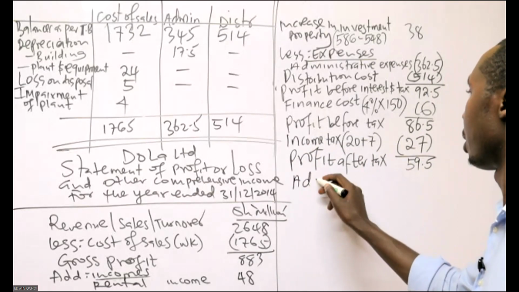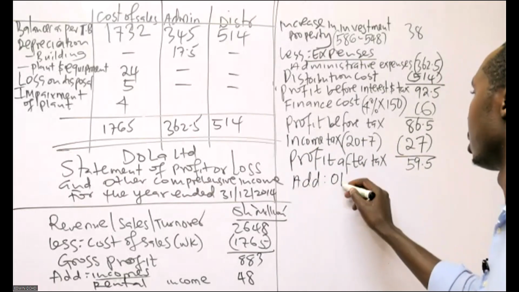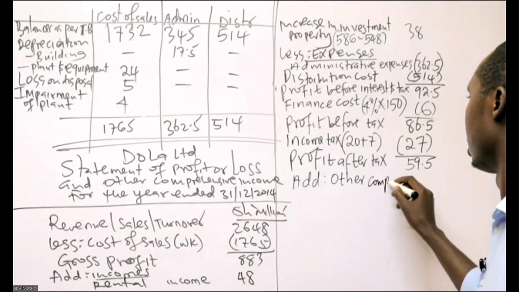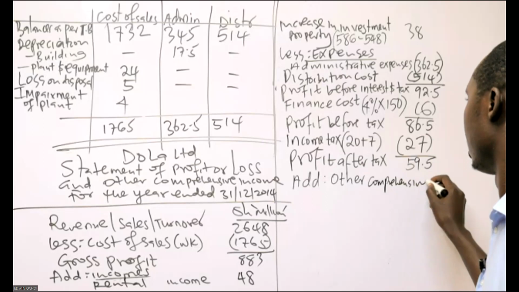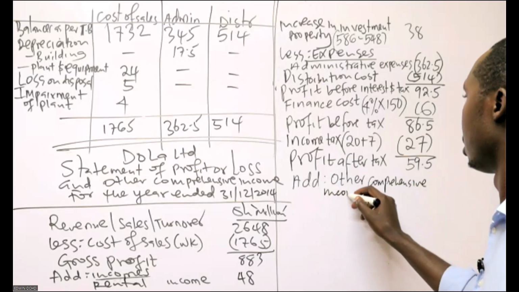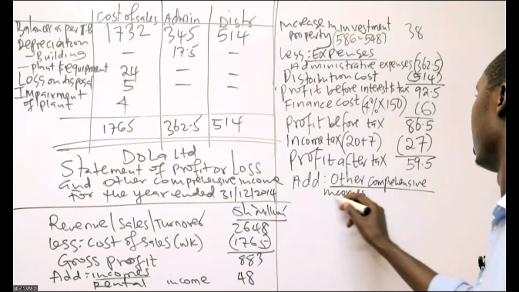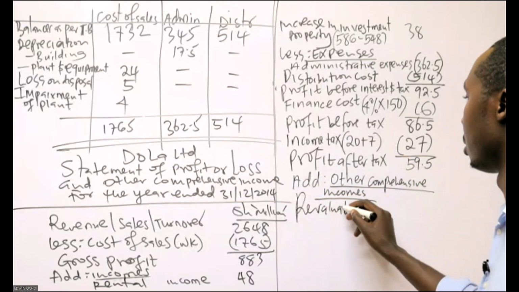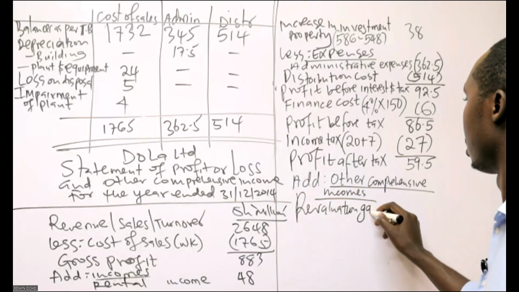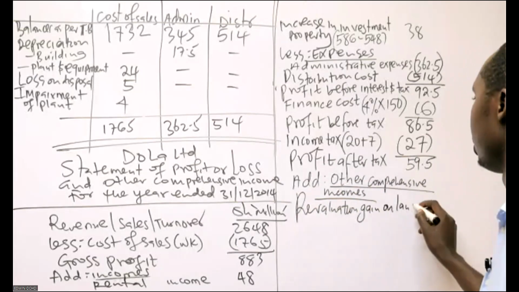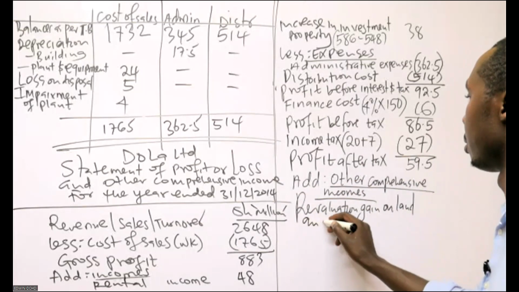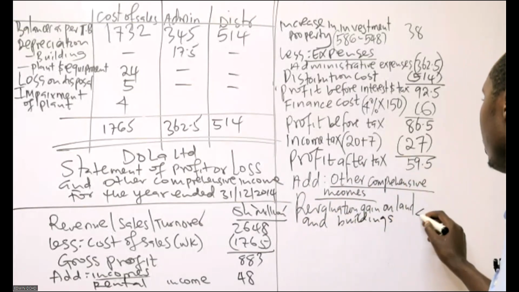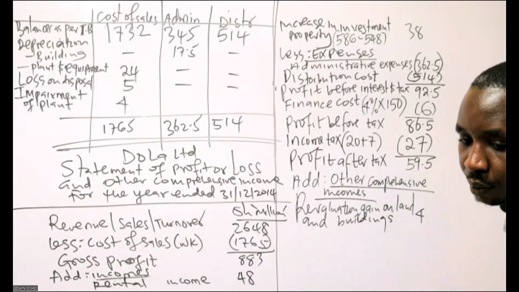Then we add other comprehensive incomes. So there was a revaluation gain on land and buildings. It was 400 and something, 400.